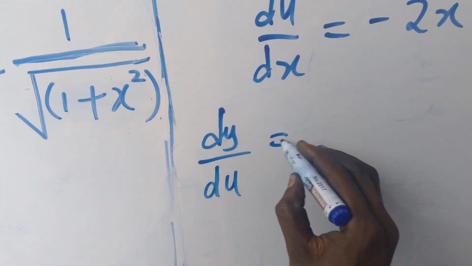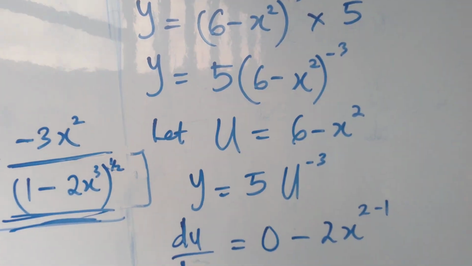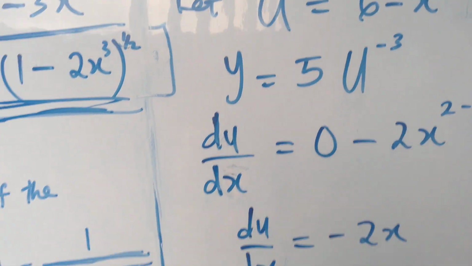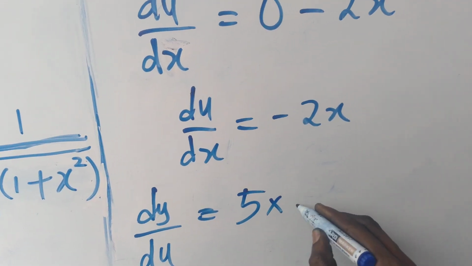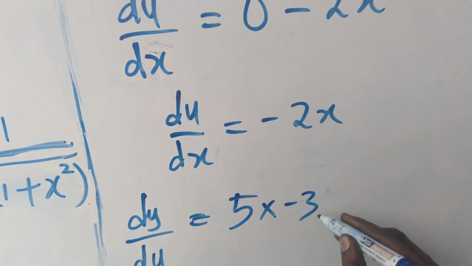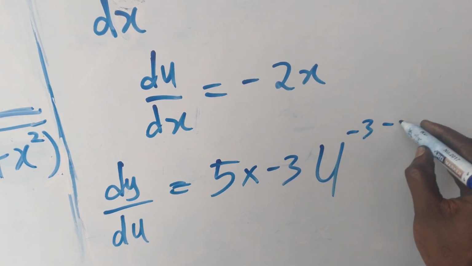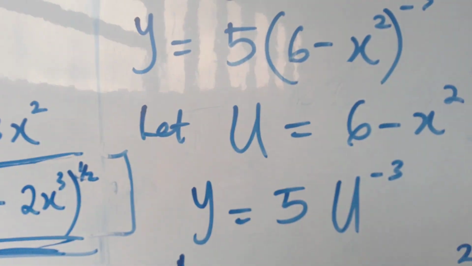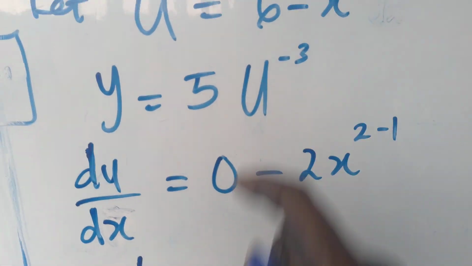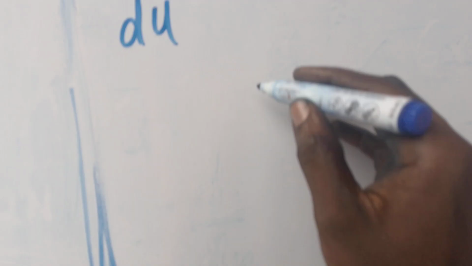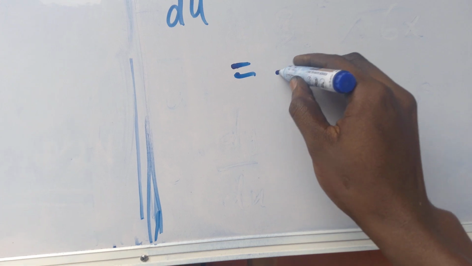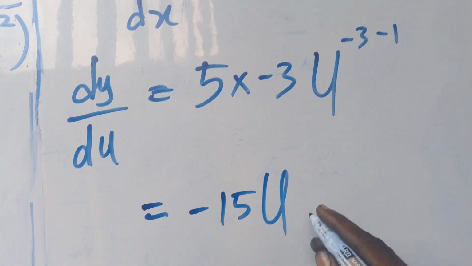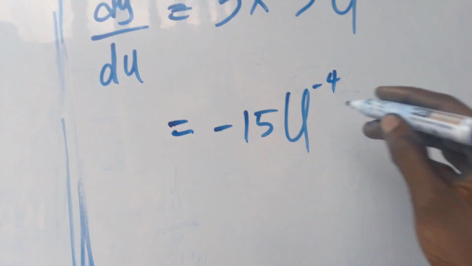dy/du: differentiate y with respect to u. dy/du now will be 5 times minus 3 u raised to power minus 3 minus 1, as you bring down the minus 3 and subtract 1. So 5 times minus 3 is minus 15, and u raised to power minus 3 minus 1 is minus 4.